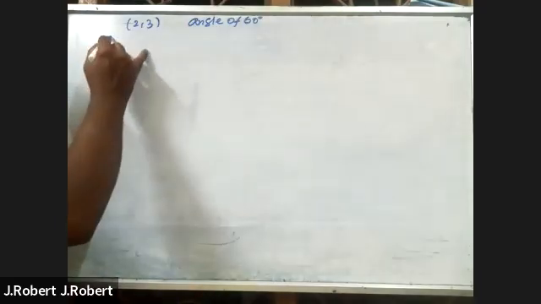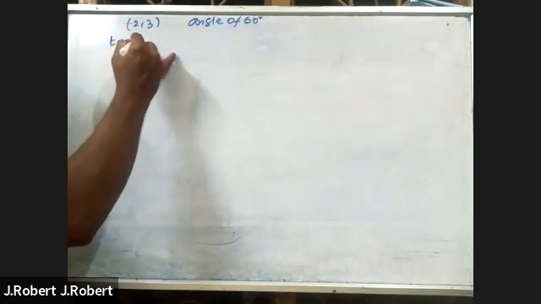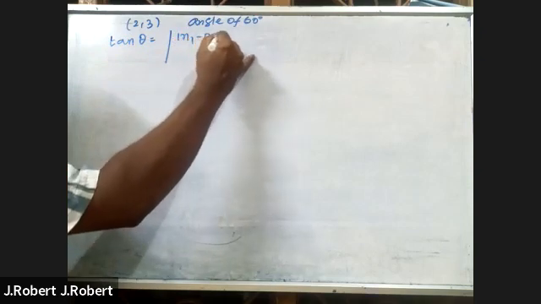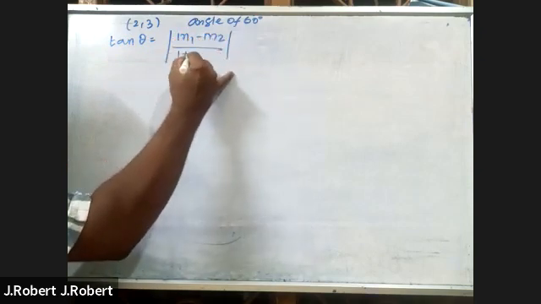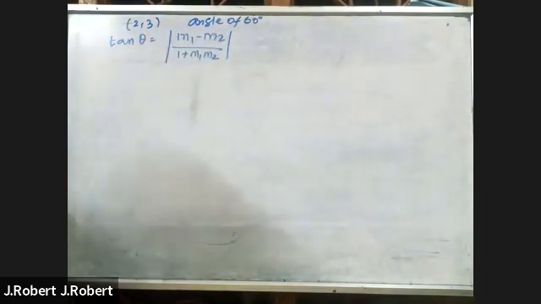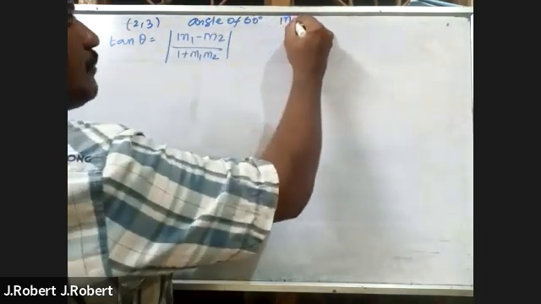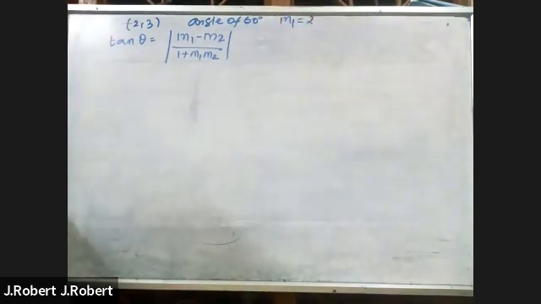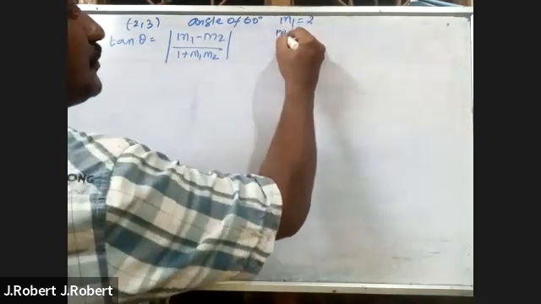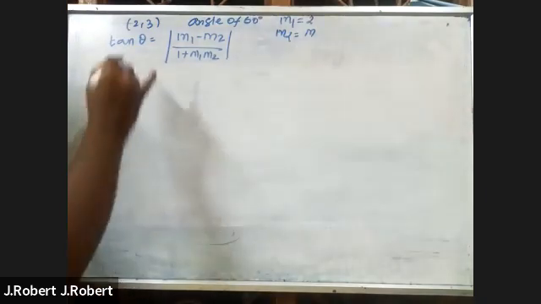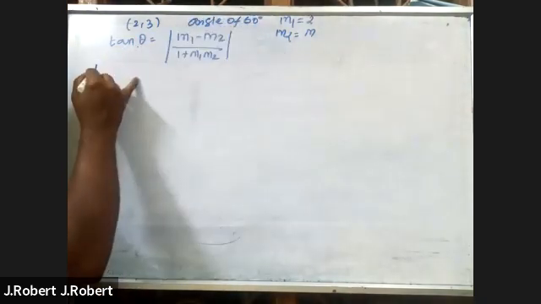For the angle between two lines, tan theta is equal to m1 minus m2 divided by 1 plus m1 m2. Here the slope of one line is 2. Find the other slope m2, with an angle of 60 degrees.